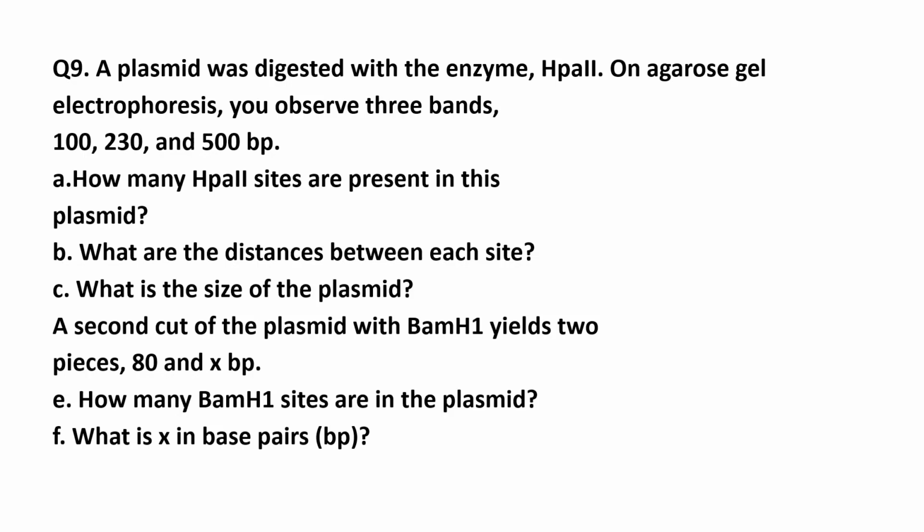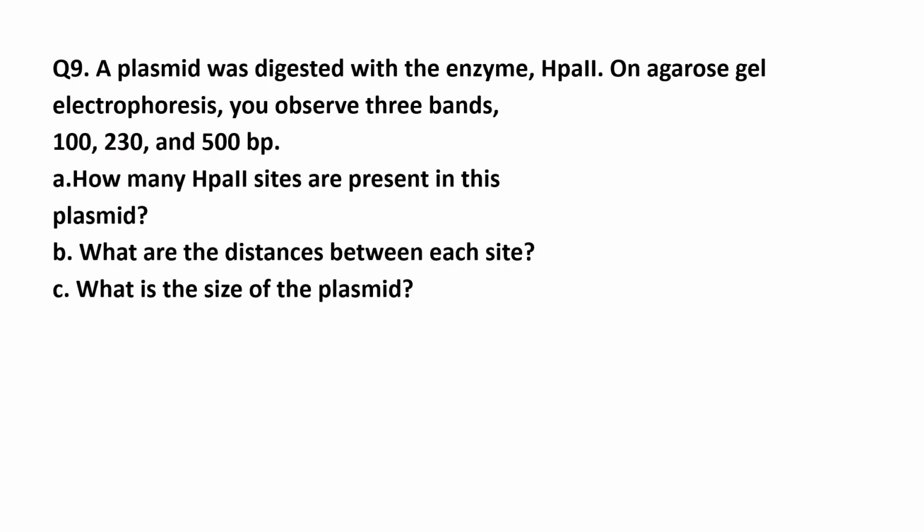So you are getting three bands, basically 100, 230 and 500. How many HpaII sites are present in this plasmid? As you are getting three bands, it will be three.